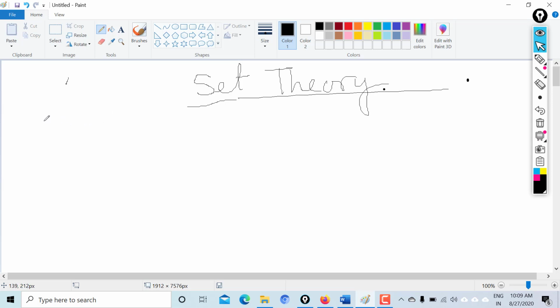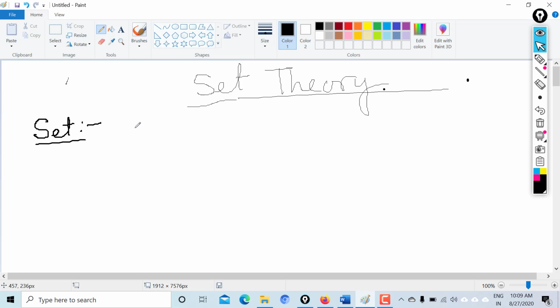Definition of set. A set is a collection of objects. We all know that a set is a collection of any kind of objects, which are called elements.